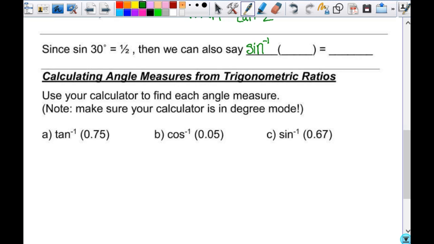Sine inverse of 1/2 equals 30. Go ahead and do sine inverse of 1/2 on your calculator. See if you get 30 degrees. Yep, you get exactly 30. Sometimes you get whole numbers. It's like you either get a whole number or you get an insane decimal. Very little in between.